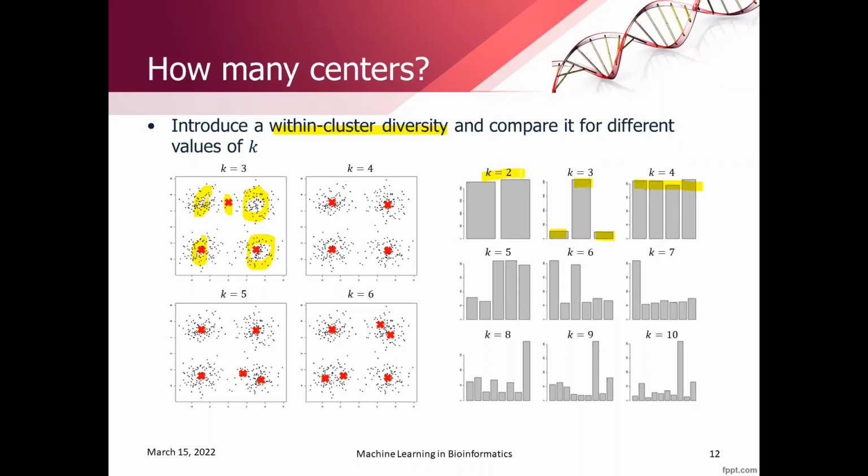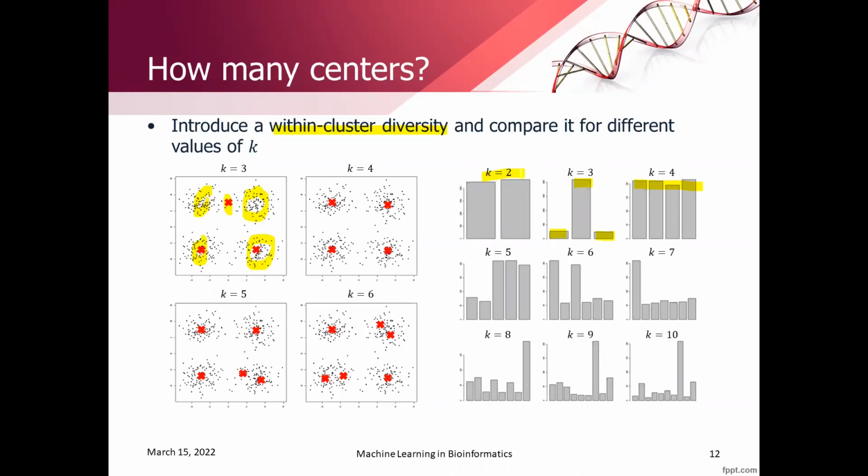So then, if we insist on a similar value for the within cluster diversity, we will obtain a bad recommendation for such clustering.